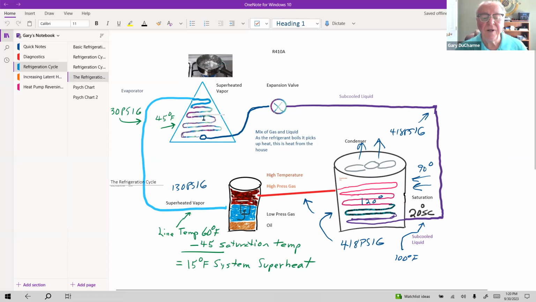So because it has more heat, and one of the laws of thermodynamics is that hot goes to cold, the heat in the air coming across the coil from the room, say it's even 75 degrees, is going to be given up to this refrigerant, just like the heat that we would add with a torch to this pan on the stove would be given up to the vapor in the water boiling.